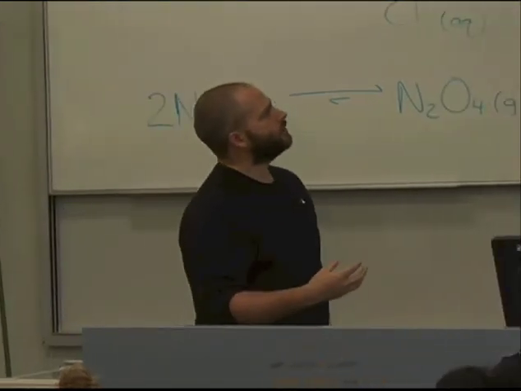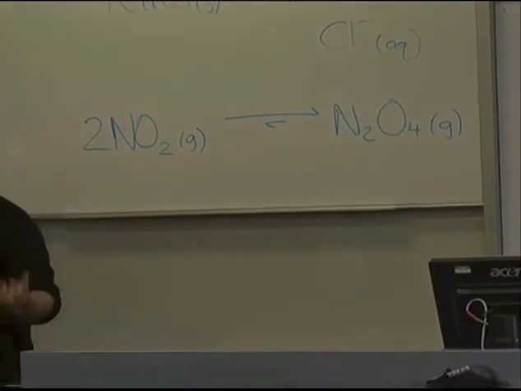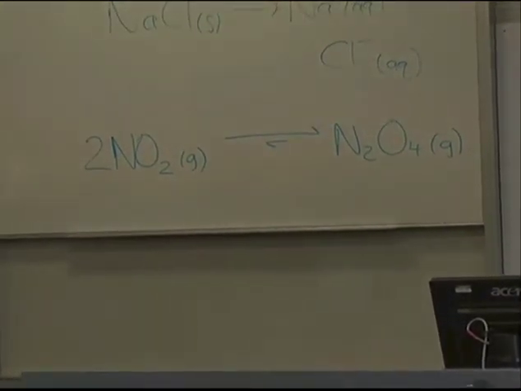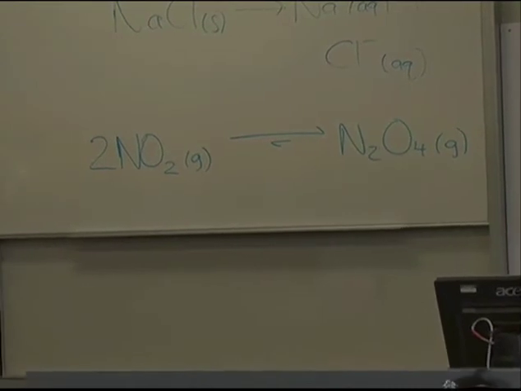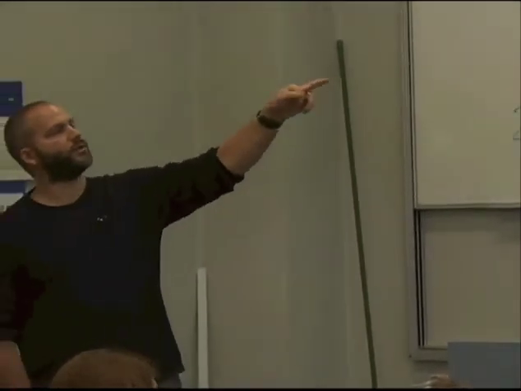So let's imagine that when the reaction reaches equilibrium, there's mostly products and hardly any reactants left. It's like my big arrow on the top pointing that way and a little arrow on the bottom pointing the other way. So when it reaches equilibrium, it's mostly this and not very much that. That's going to make the concentration of B a much bigger number than the concentration of A. So the number on the top of our equilibrium constant expression is a big number, and the number on the bottom is a small number.